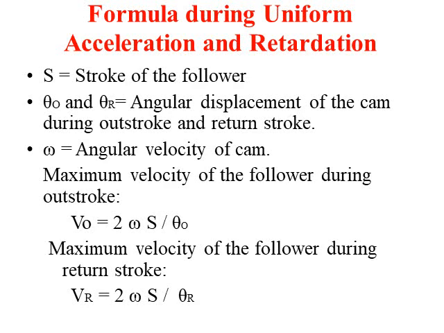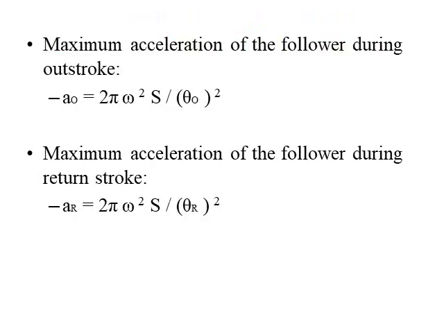To calculate the maximum velocity of the follower during outstroke, we have the formula V naught equals 2 omega S by theta naught. In the same way, for the return stroke, Vr equals 2 omega S by theta r. So these two formulas are used to calculate the maximum velocity of the follower during outstroke as well as return stroke.